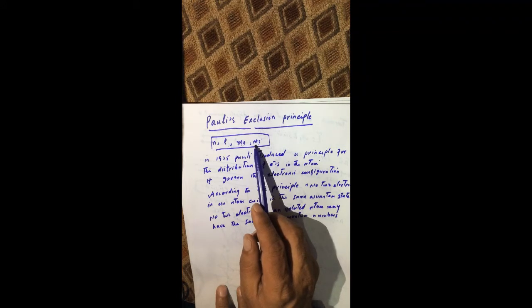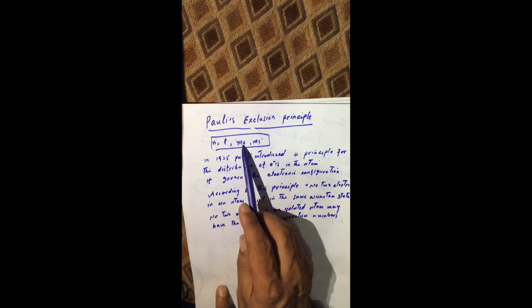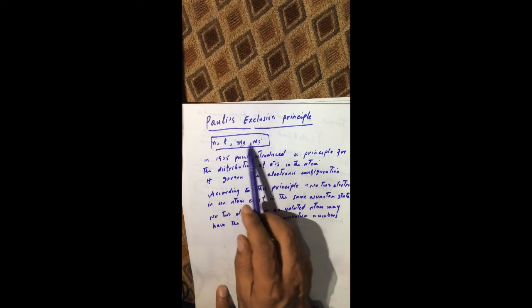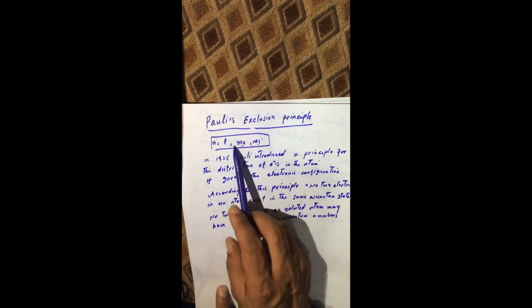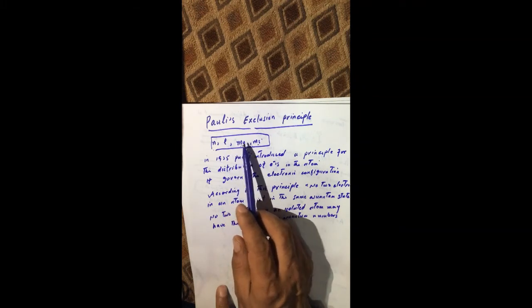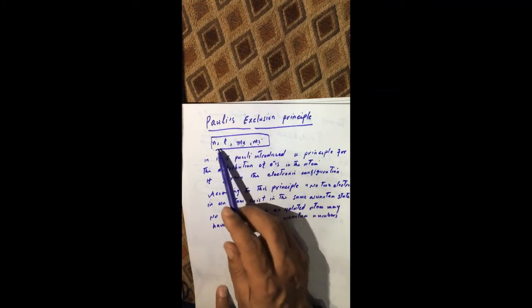If n, l, and ml are the same for two electrons, then ms will be different for them. If n, ml, and ms are the same, then l will be different. So no two electrons may have the same four quantum numbers.